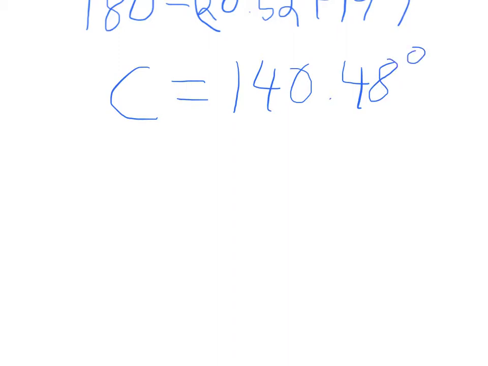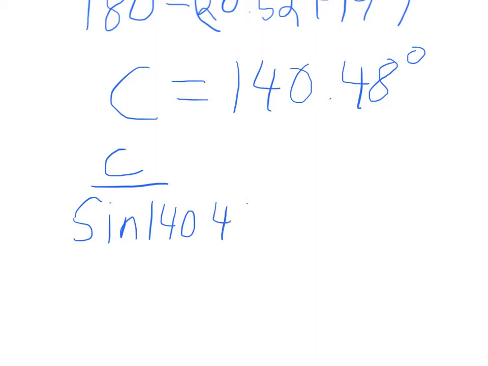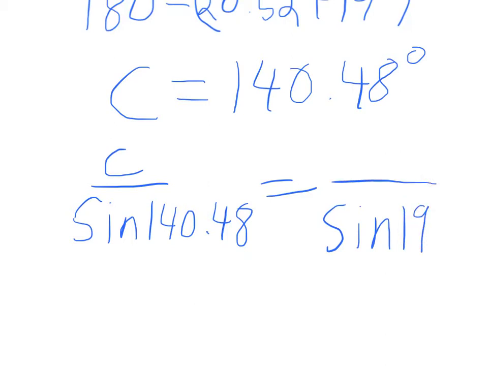To find side c, we'll take c over sine 140.48 equals 13 over sine of 19.